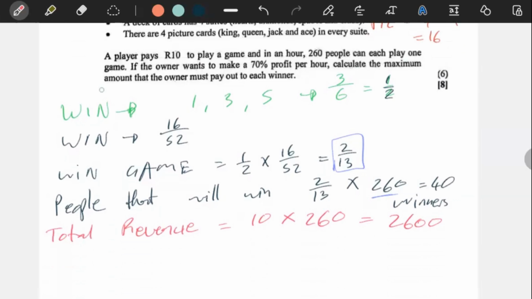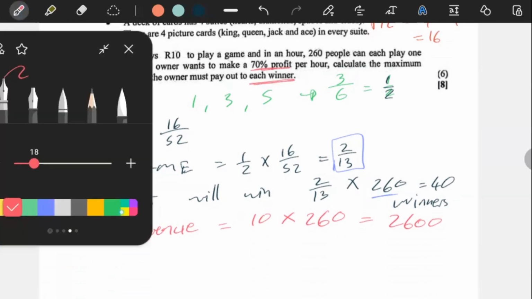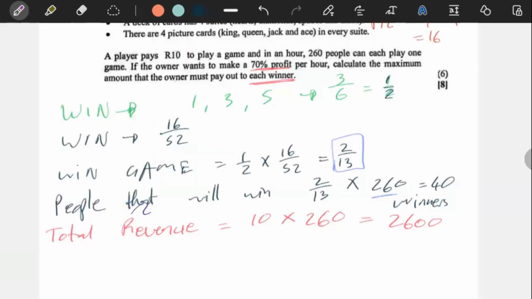They say here, if the owner wants to make 70% profit per hour, calculate the maximum amount that the owner must pay out to each winner. So what you need to remember is that if we're thinking of profit here, we may want to consider the following.